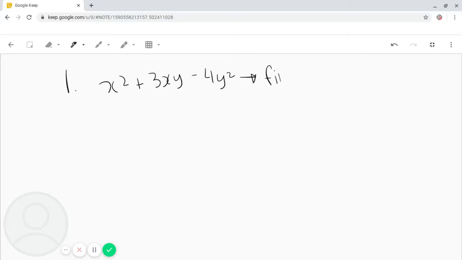We want to find y prime, which is dy over dx.